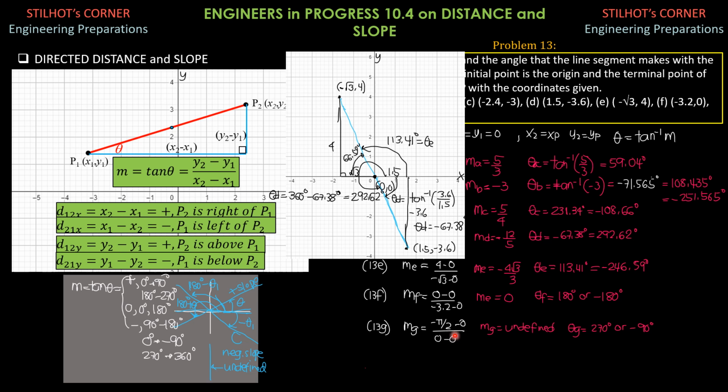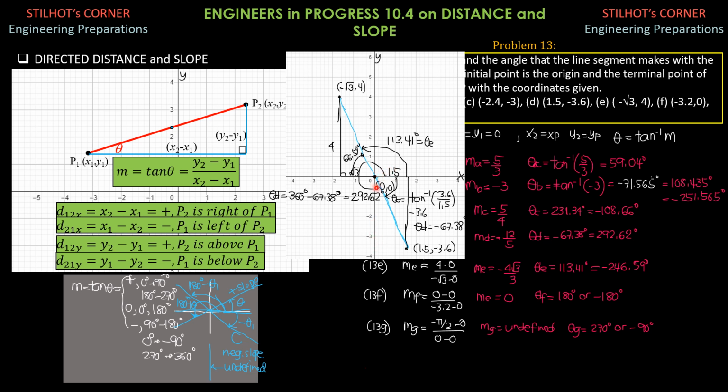Then at G, we have 0 comma negative pi over 2, which lies somewhere here.